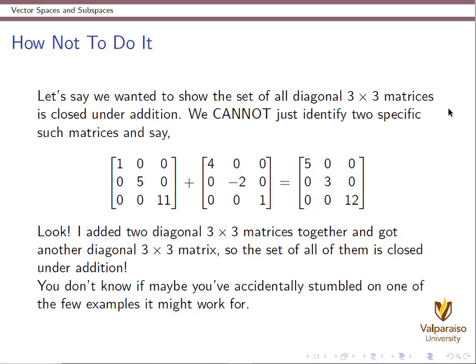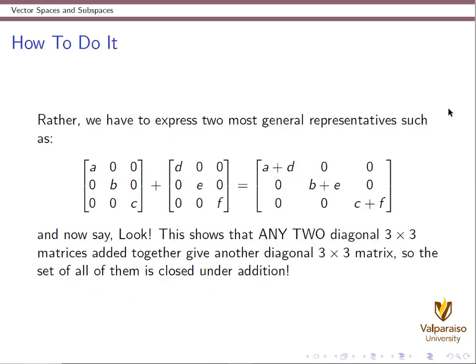Now, this particular example might make you lean towards believing that it's closed under addition. It may give you a hint as to how you might more generally construct the argument, and here's how it would go. In this case, I've created two diagonal 3x3 matrices, but I've left the entries open as just undefined variables or parameters. So what I'm doing here is I'm representing any two diagonal 3x3 matrices, right?